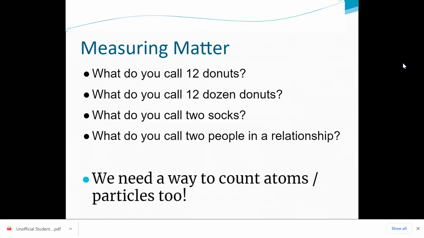And we as scientists needed a way to count atoms and particles as well, because there's millions and billions and trillions of atoms everywhere. So we needed a way to group them.